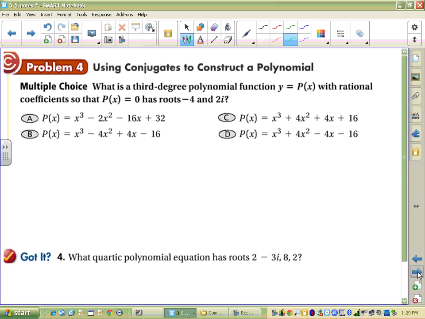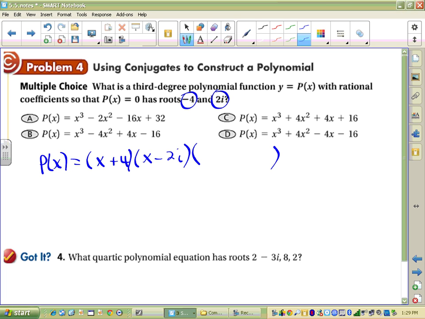Ooh, this one's tricky. What is a third degree polynomial with rational coefficients that has roots of negative 4 and 2i? So it's going to be p of x is x plus 4 times x minus 2i times what? I know what you're saying.